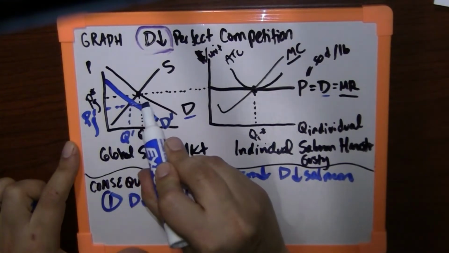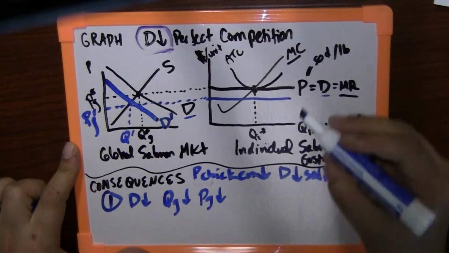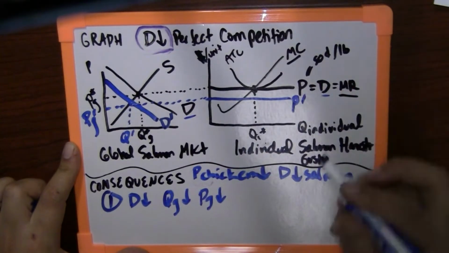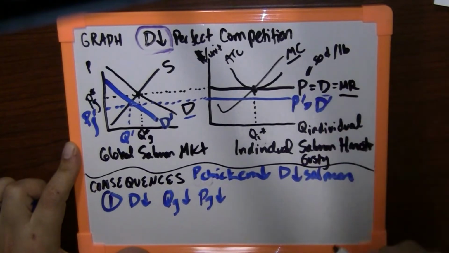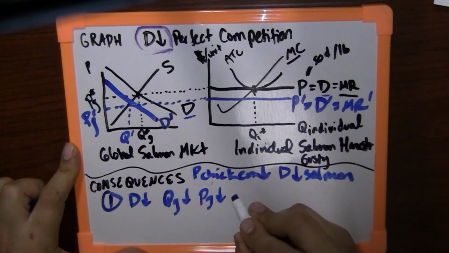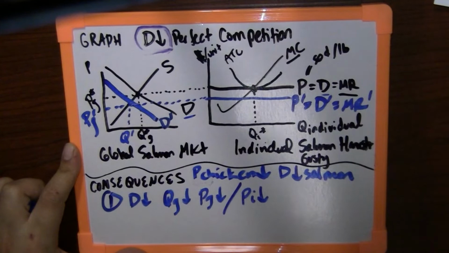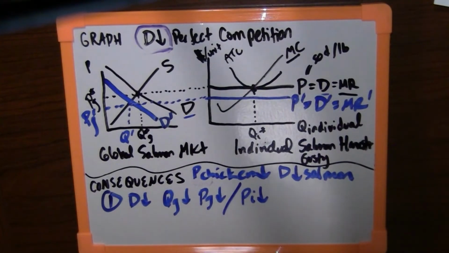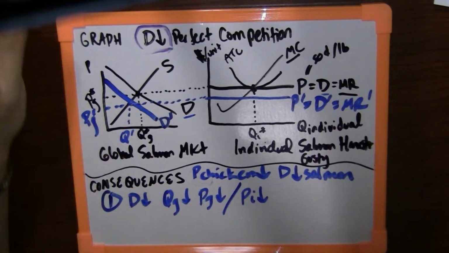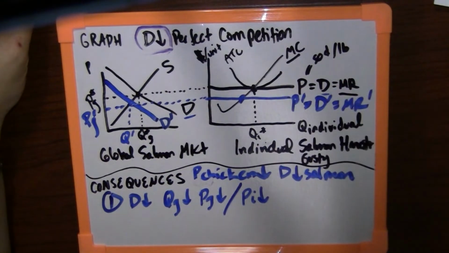Now that's going to spill over to our individual harvester. When the price falls for everyone in the salmon market, his price will also fall, meaning his demand is lower, his marginal revenue is lower. As a price taker, he can't control the fact that less people want to eat salmon. So in addition to all of these global consequences, the price of the individual also falls. How is Gusty going to react to that? Well, when there's a lower price, marginal revenue is equal to marginal cost at a lower quantity, right?